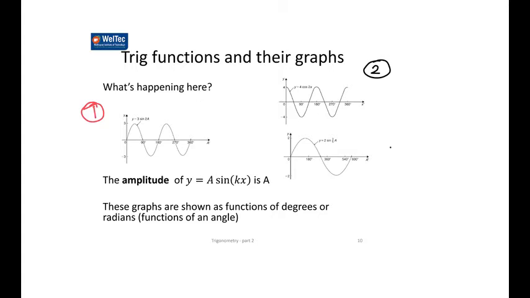Graph number 3 is interesting. It's not even going round once in 360. In fact, it doesn't go round once until it's been to 600.